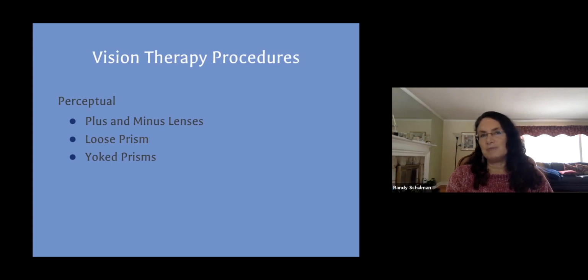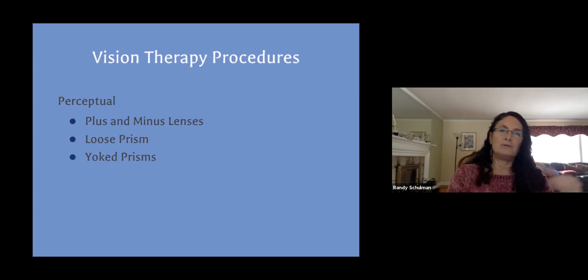It's much more helpful when you get different size lens blanks, so that they can't go just by looking at the edge and seeing how thick it is, but they actually have to really look at the lens, see what it does, and then notice and feel whether it's increasing their demand, or they have to focus harder with one or the other, and then you have them line them up.